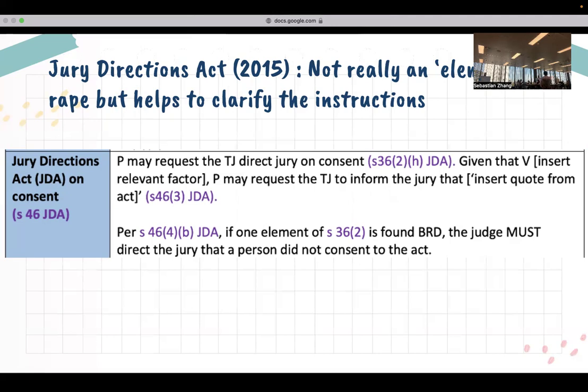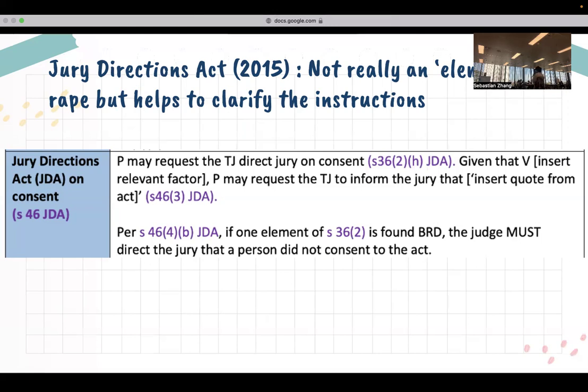Okay, so the question over here is that after you've done everything, 36.2, 36.1, case law, then the prosecutor, or even the defense team, but they wouldn't do that basically, may request the trial judge to direct the jury on consent under Section 32H of the Jury Directions Act.